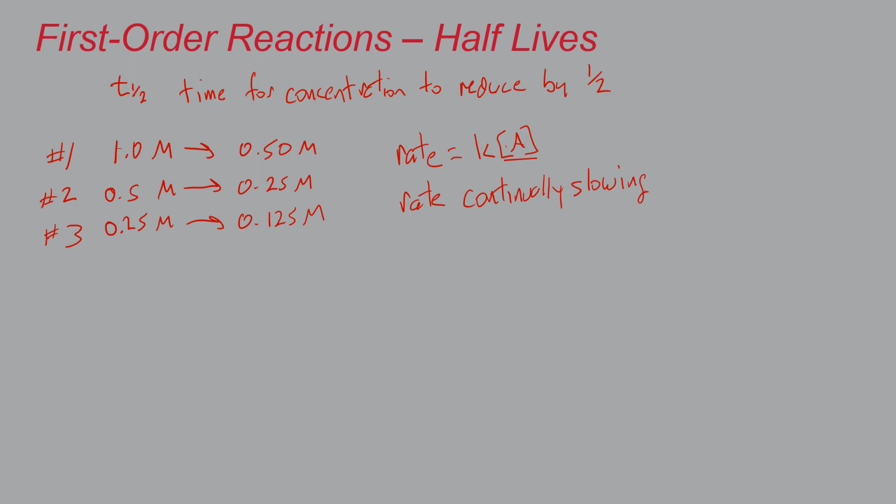As is often very illuminating, let's just do the math. I'll switch to black here. This is a pretty straightforward setup, and I'm going to use the exponential version of this. So the concentration of A at any particular point in time is equal to the original concentration, A sub 0, times e to the negative kt.